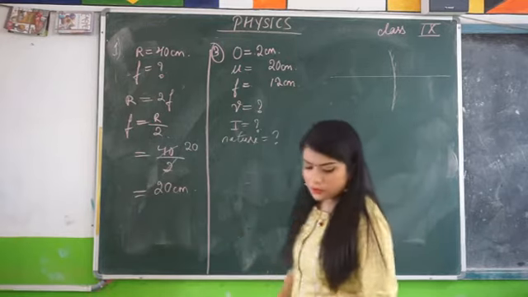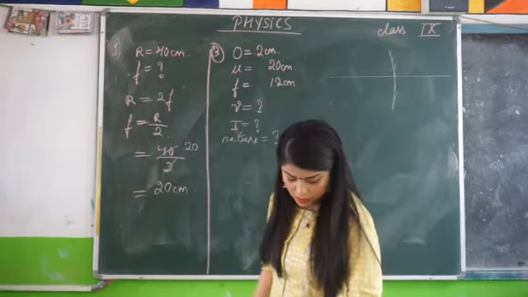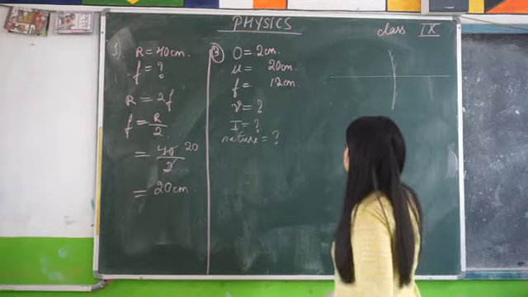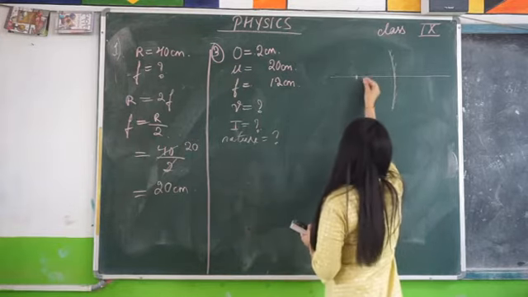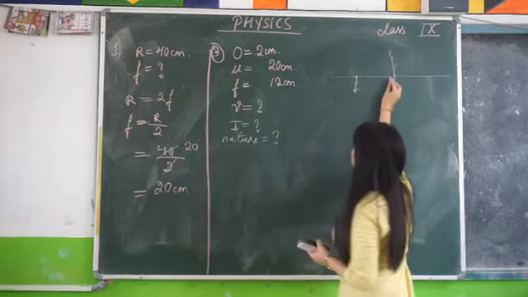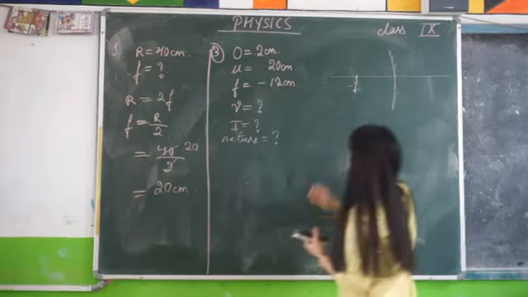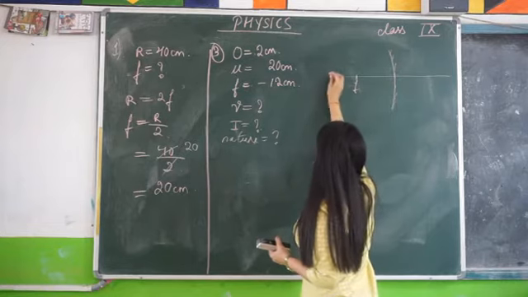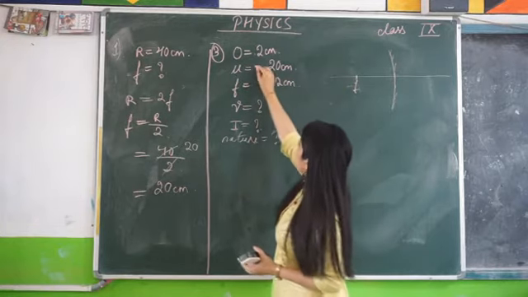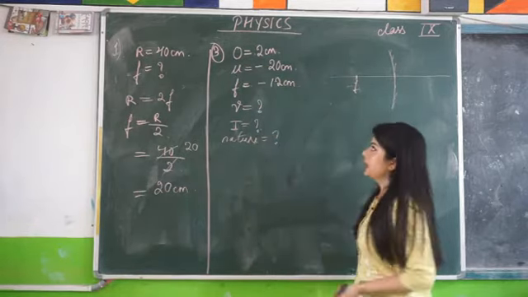In this one, we are using a concave mirror. A concave mirror has its focal length in front of the mirror, so anything on the left side of the mirror will be negative. So the focal length is negative. The object is always kept in front of the mirror, so the object distance will also be negative.